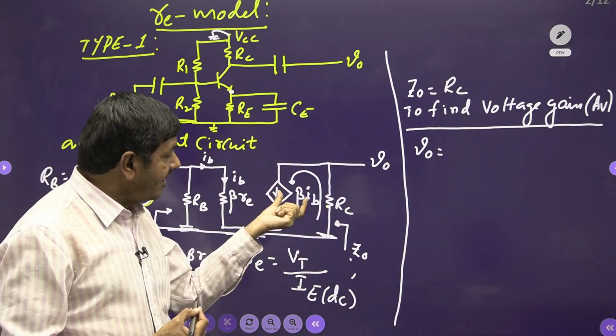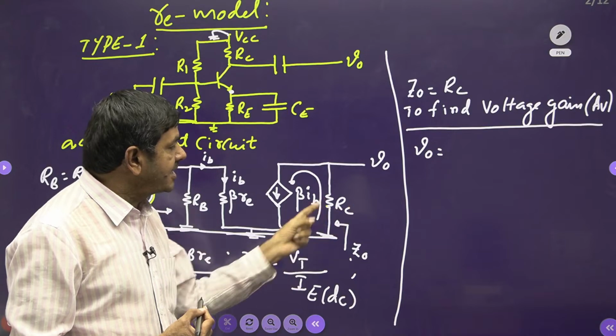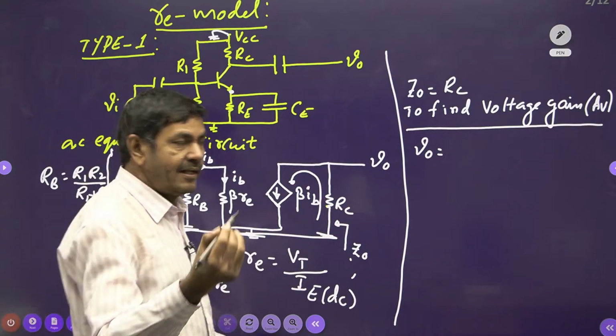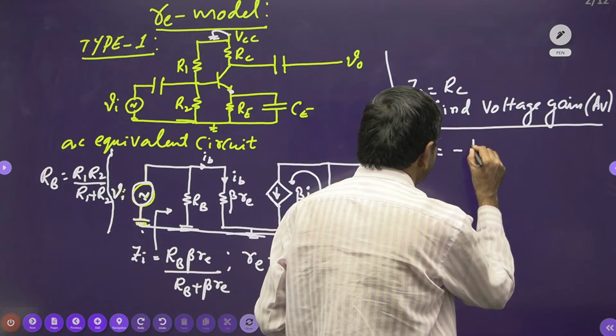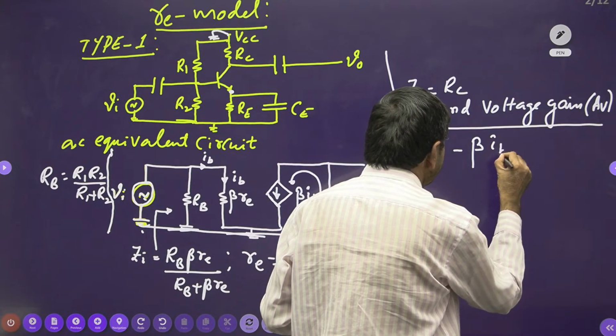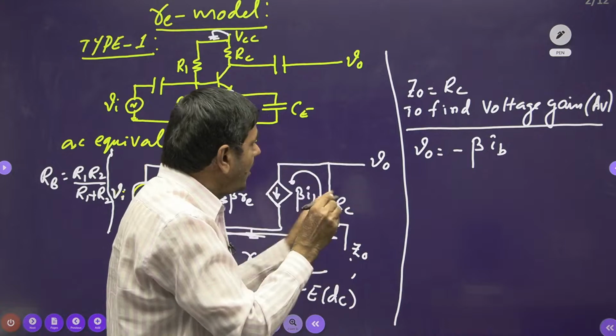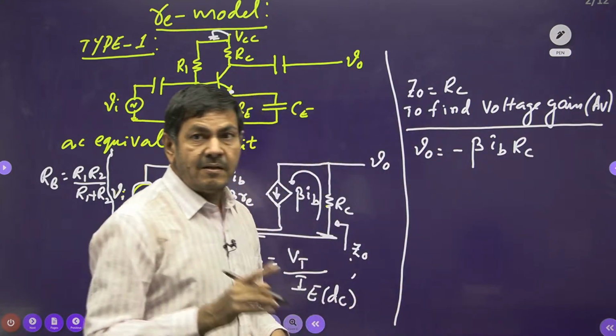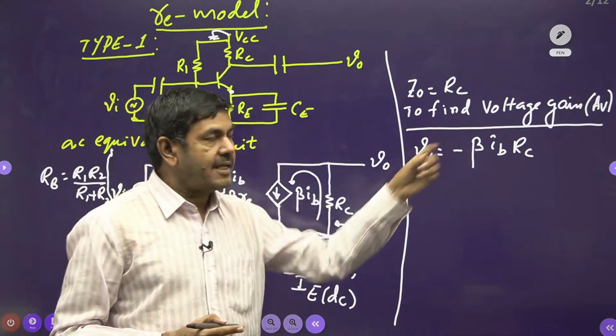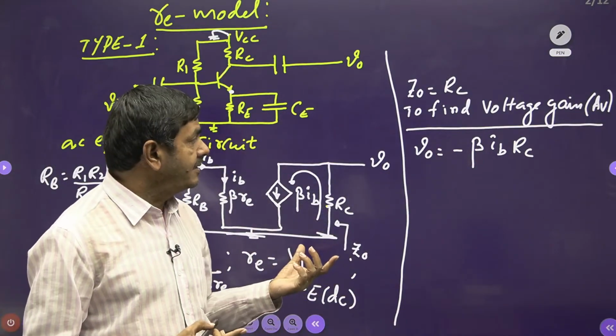So minus beta into IB into RC is the output voltage I can get. I can write directly V naught is minus beta into IB into RC value.